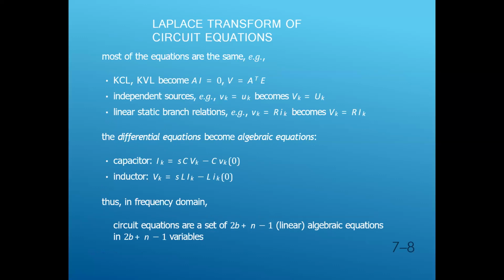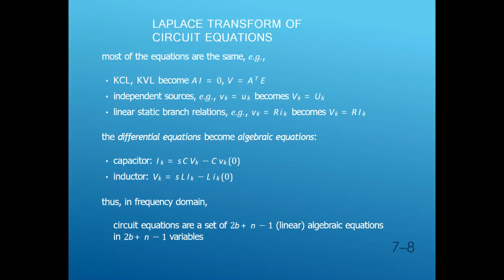Most of the equations are the same. Example: KCL, A i equal to 0, KVL, V equal to A transpose into E. Independent sources v k equal to u k become V k is equal to U k. Linear static branch relations v k equal to R i k stay the same, while the differential equations become algebraic equations. Capacitor I k is equal to s C V k minus C v k of 0.